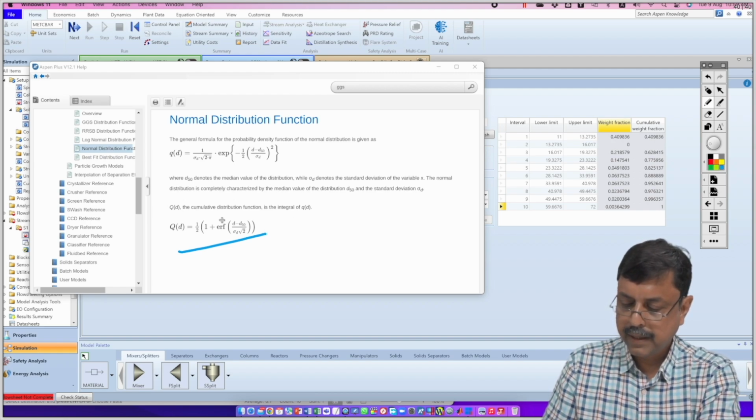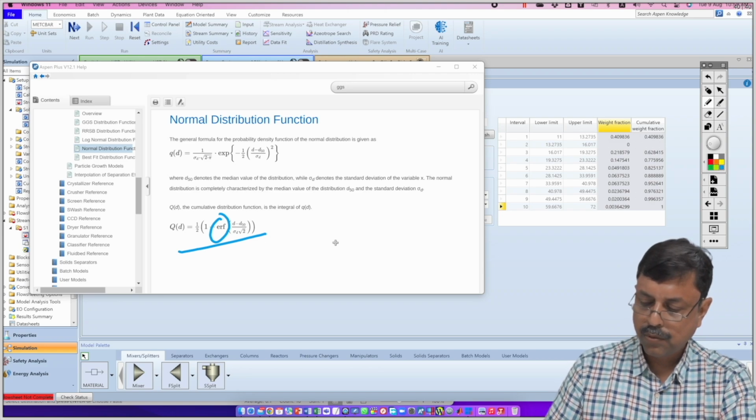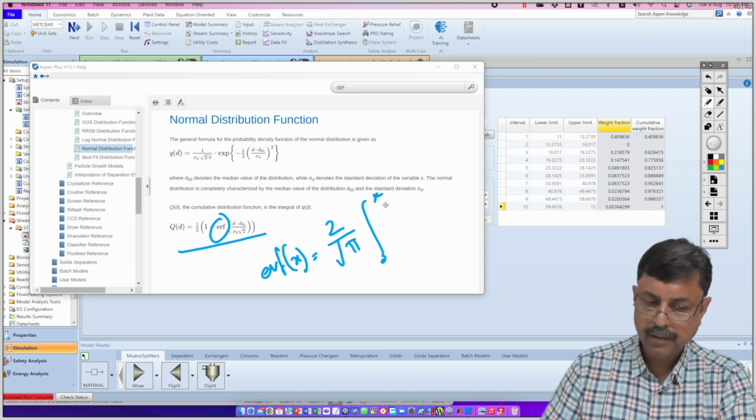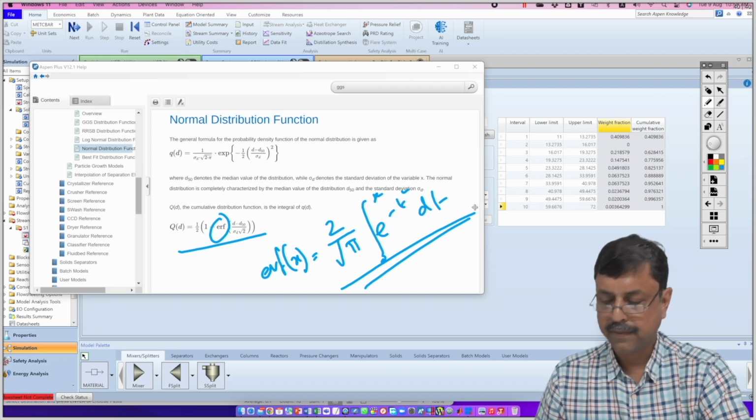Okay, what is ERF? ERF is the error function. How to define the error function? So the error function of x is equal to 2 over root pi, integral from 0 to x of e to the power minus t square dt. So that we call the error function.